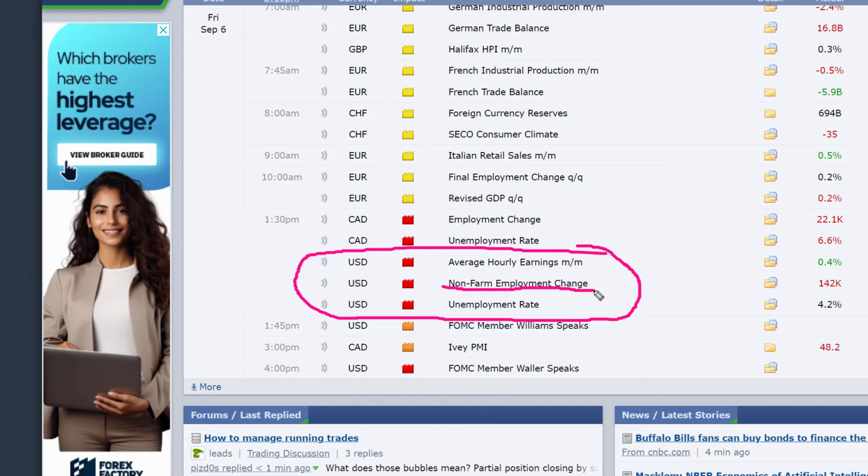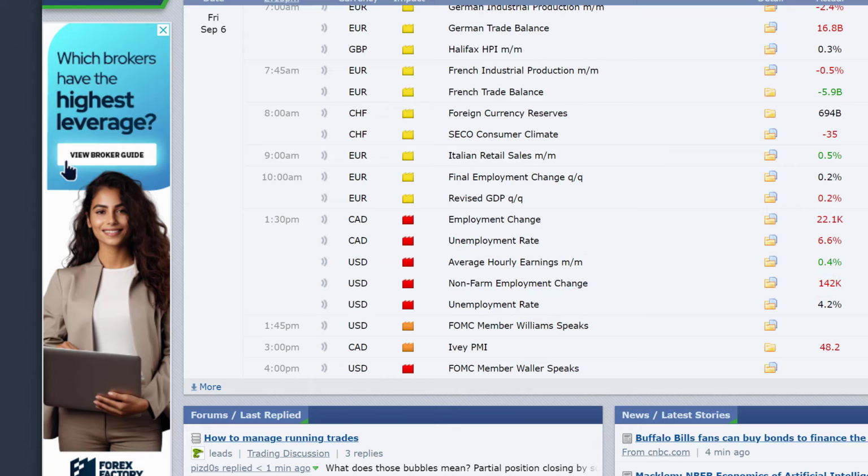This is the big number. This is the number that gets the initial reaction in the markets. So was it a beat or a miss? It was actually a beat. The forecast was for about 160,000 jobs created. It was 142,000.